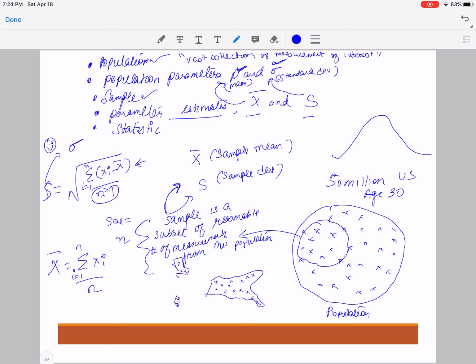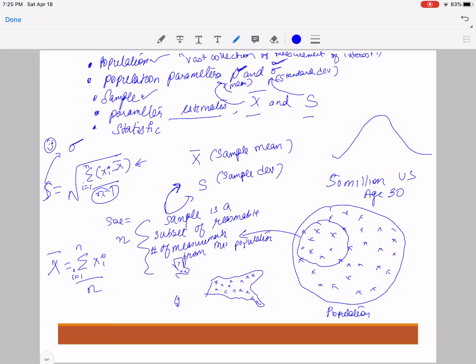So I can collect those 1000 individuals, and if I were to take the average of the 1000 individuals, the value that I'll get is an excellent measure of the population's average weight. Similarly, the standard deviation that I get from the sample will be an excellent estimate of the population's variance or the population's spread about the mean.